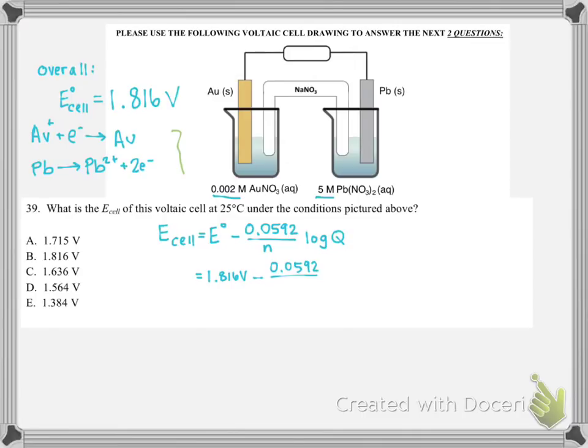So we can see here that between the two half reactions, we don't have the same number of electrons transferred. And so rather than picking one or the other, we're just going to make sure that they match up by multiplying that top equation by 2. And then both reactions would have 2 electrons being transferred. So our N is going to be 2.